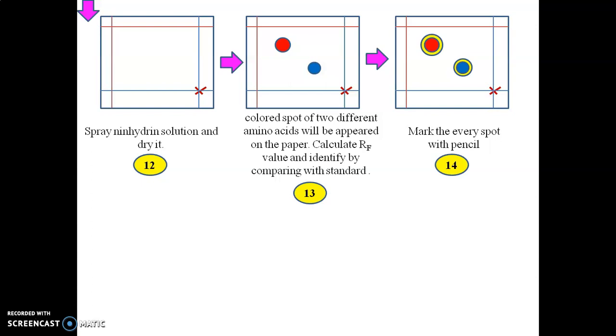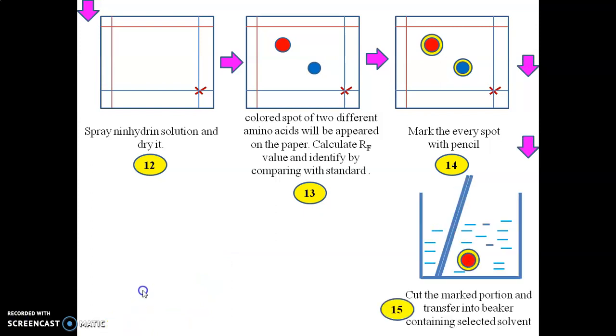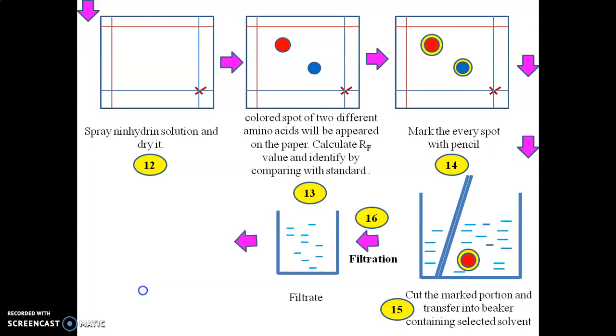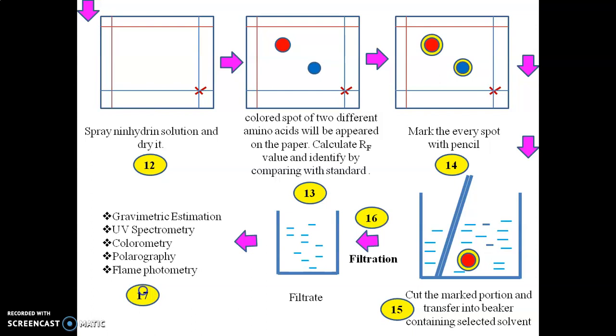Generally a semi-micro extractor similar to a Soxhlet is used. Now stir the solution properly after transferring the cut out portion into the beaker. Then filter the solution and analyze the filtrate by using different techniques such as UV spectrophotometry, colorimetry, polarography, flame photometry, etc.